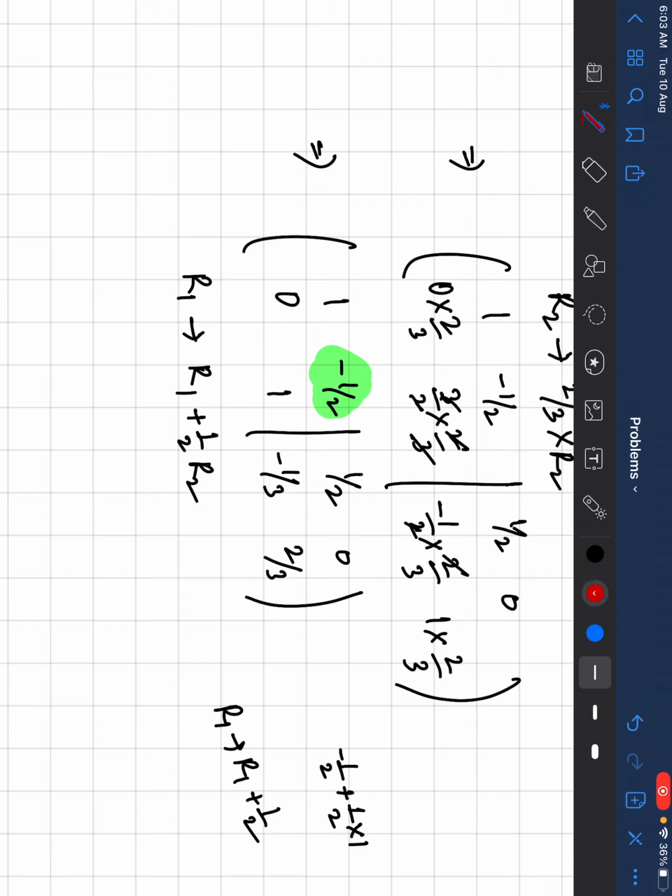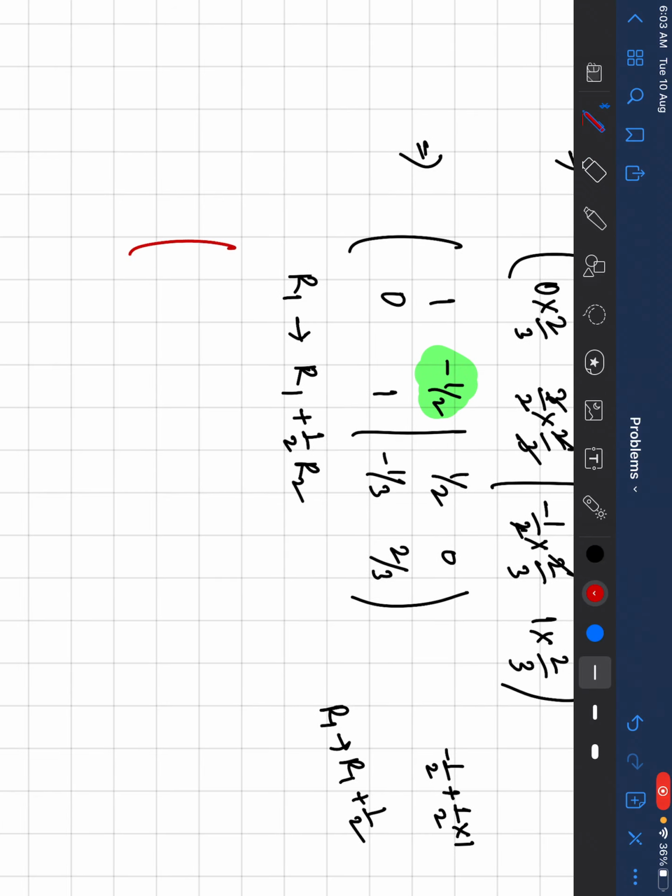So what is the element of R1? It is minus half plus half. And what is the element of R2? The element of R2 is 1. You see, minus half plus half, now it has become 0. So that's how we do operations. The first element here is 1, plus half into the corresponding R2 element, which is 0.